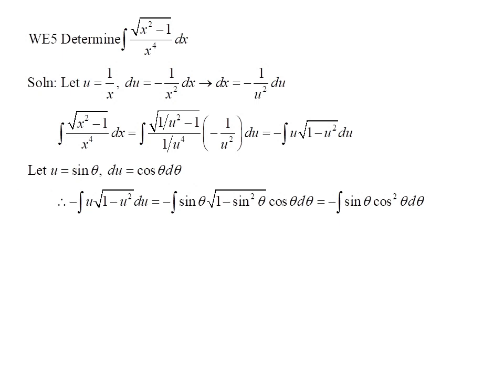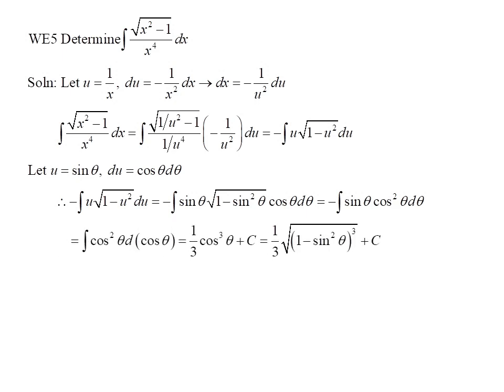Hence, negative integral of u times square root of 1 minus u squared du is written as negative integral of sine theta square root of 1 minus sine squared of theta times cos theta d theta, which can be simplified to the integral of cos squared of theta d cos theta, which equals cos cubed of theta over 3 plus c, which is 1 over 3 times (square root of 1 minus sine squared of theta) cubed plus c.